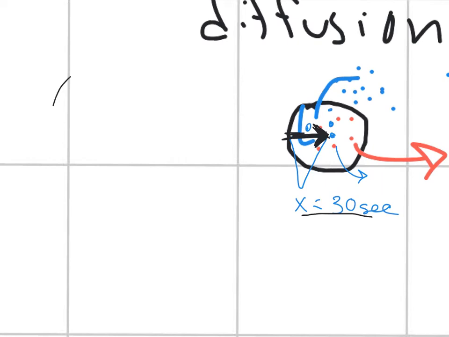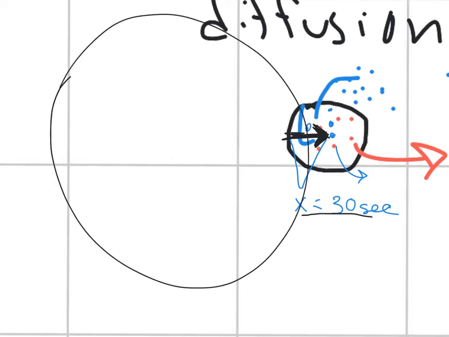What I hope you can see is if you had a cell that was larger, it would still take 30 seconds to move the same distance, right? So this too is x. What that's going to mean is you're only going to get oxygen to diffuse this distance, and carbon dioxide is going to get trapped in here.